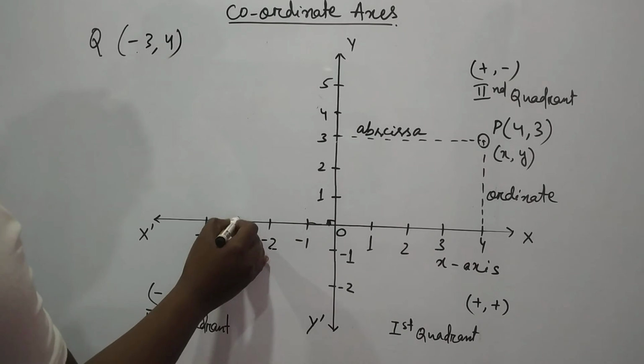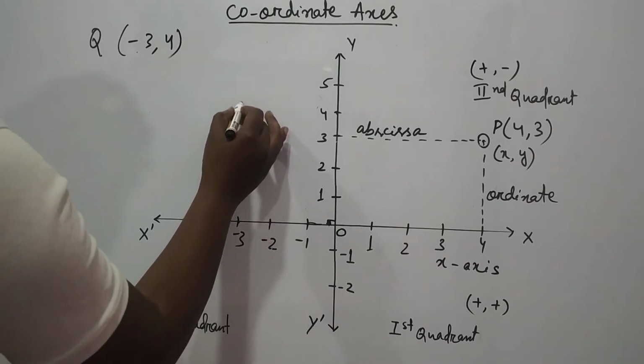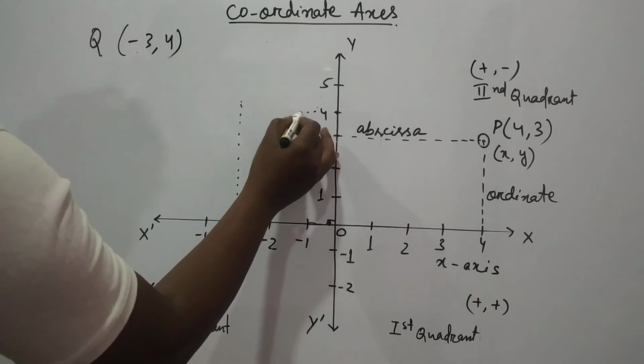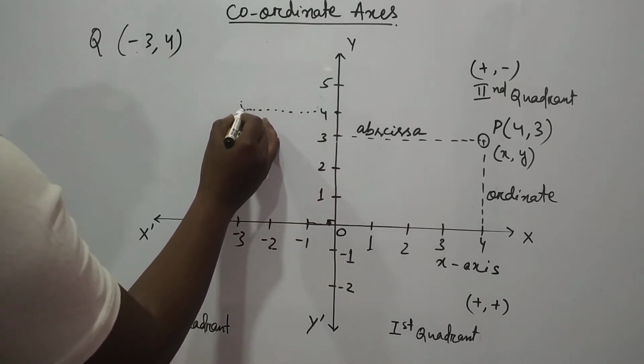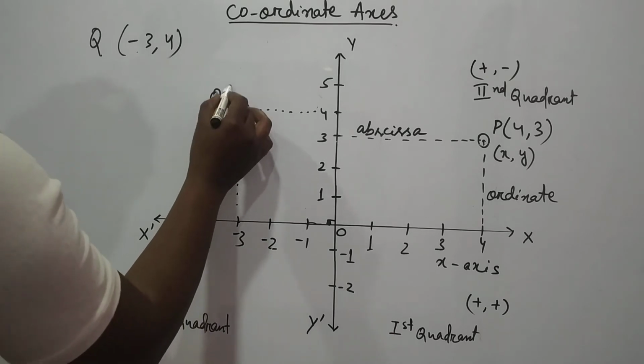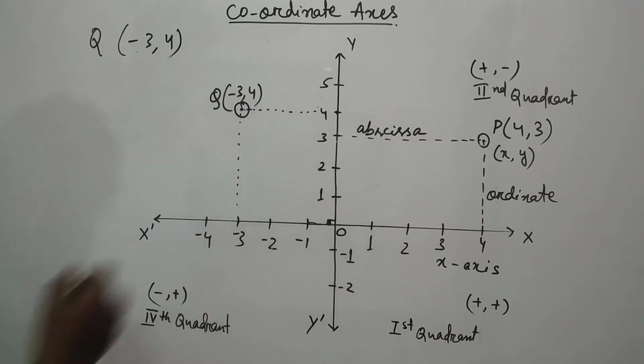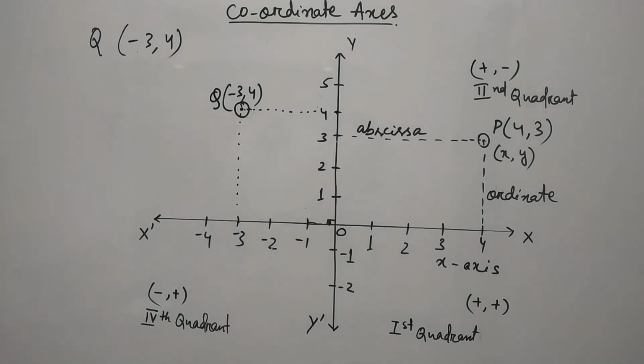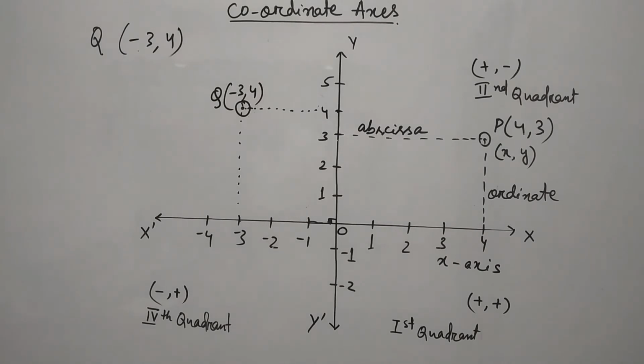So from x we will draw a dotted line, and from y a dotted line, and the point where they meet is our point Q, and its coordinates are minus 3 and 4. So this is the process by which we can locate a point on the plane, and this is the basic fundamental thing for coordinate geometry. And now we can proceed towards the topic reflection, which is one of the important chapters of the class 10 syllabus.